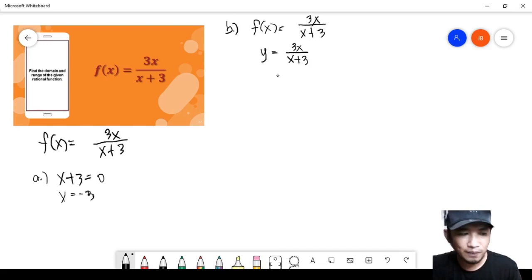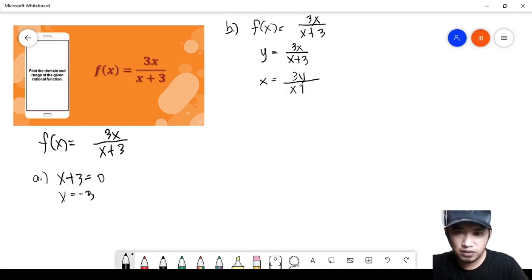And then, interchange. Okay, interchange, pagpalitin ang x and y. Interchange x and y. So, this y becomes x and x becomes y. Ay, sorry.